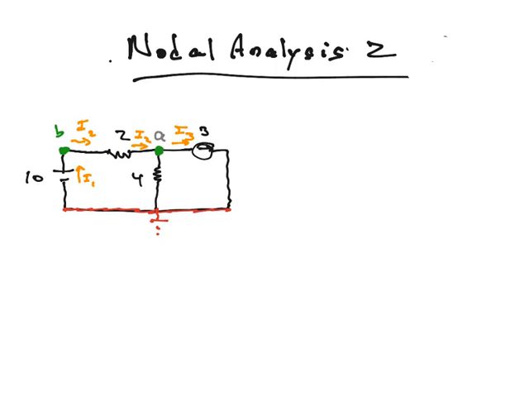And I4 is moving down towards the ground. From here, we usually write KCL equations for these nodes. Well, let's look closely at this node B right here.